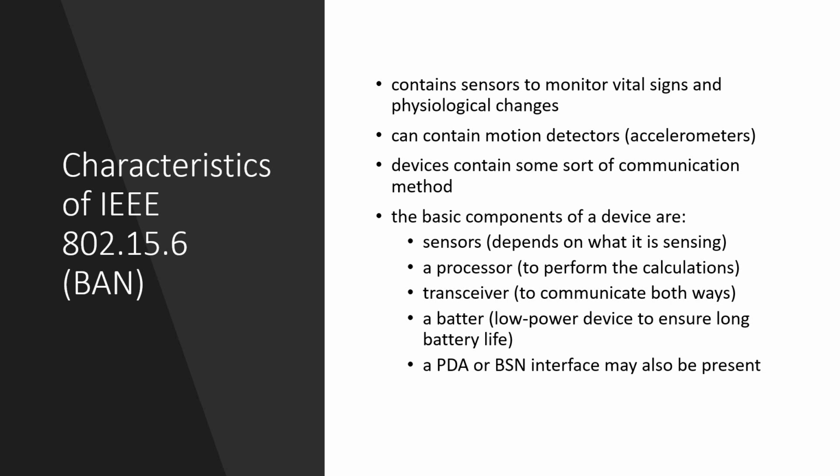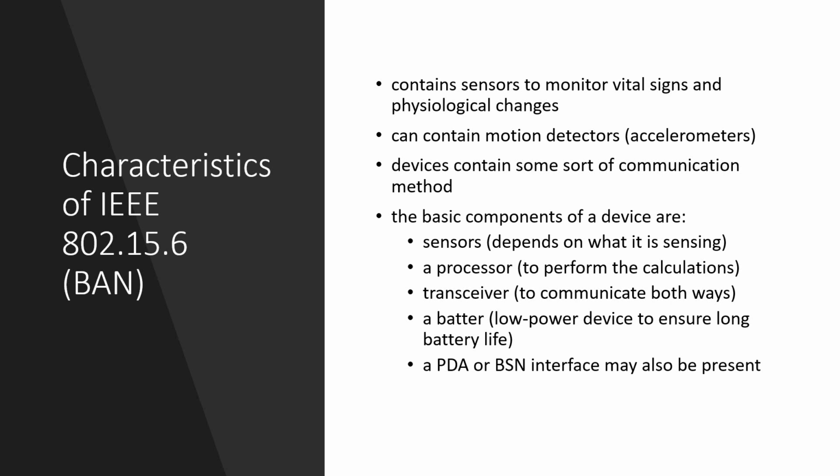So the basic components of a device present in a body area network are sensors, depending on what it is sensing. For example, it might be a motion detector, or a sensor to detect the vital signs, as we have already seen before. It will obviously contain a processor to perform the calculations, and it needs a transceiver so that it can send and receive messages.